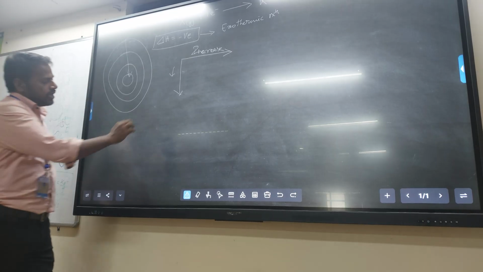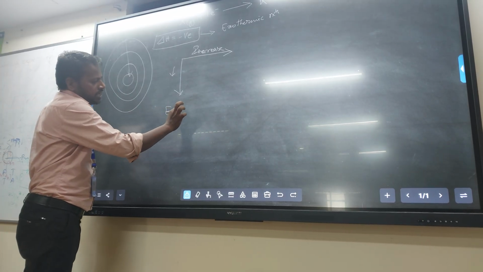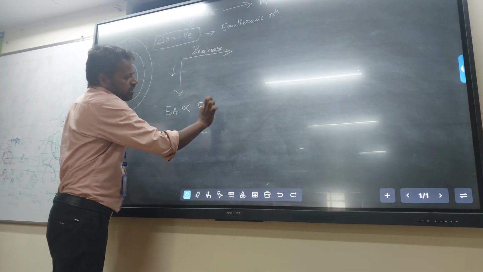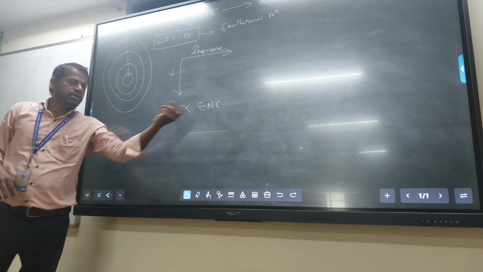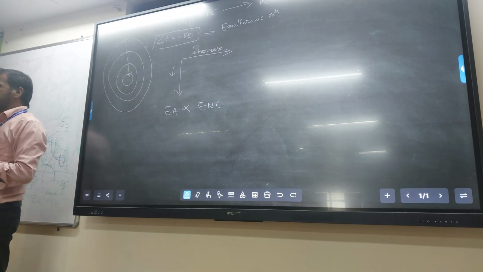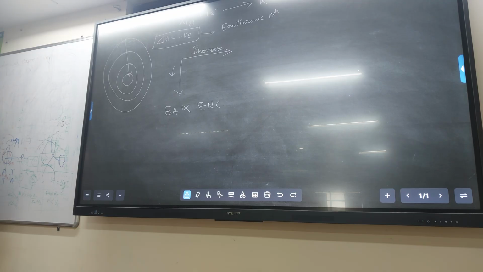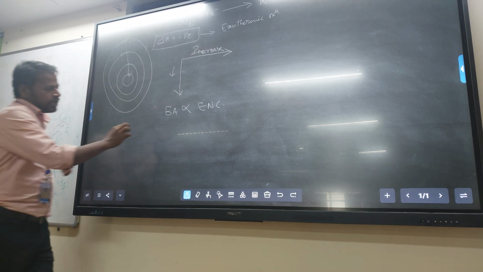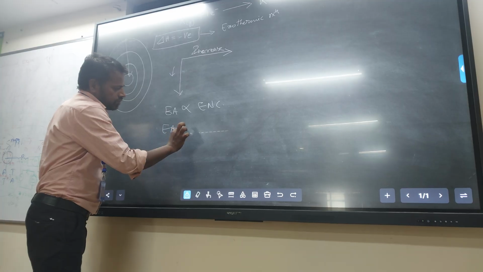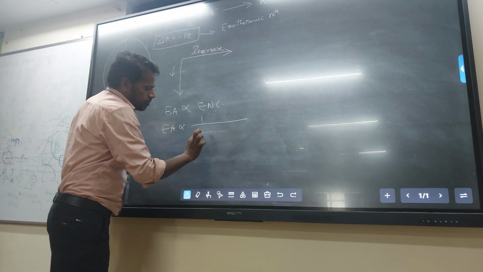Here, electron affinity EA is directly proportional to the effective nuclear charge, ENC. More effective nuclear charge means more energy has to be given to the system. And electron affinity is inversely proportional to atomic size.